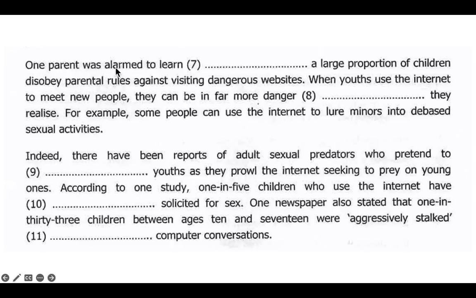One parent was alarmed to learn, and then what word should follow after that? That's where I'm starting from. And then here we continue from this other part. When youths use the internet to meet new people, they can be far more in danger. And these children, they don't know more than they realize.